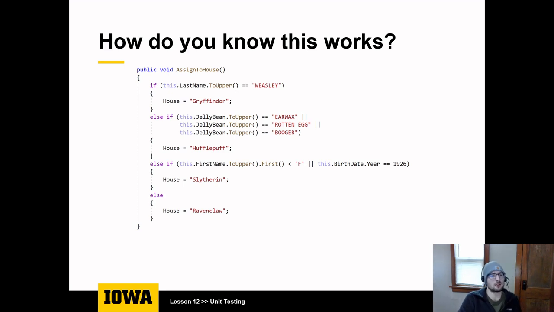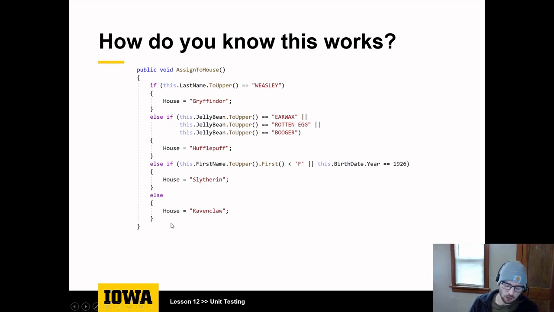We had this code here. This was the assigned to house method that was located on the student object for the Hogwarts sorting hat. And we had some criteria and, based on some conditions or some state of our object, we assigned the student to a given house.